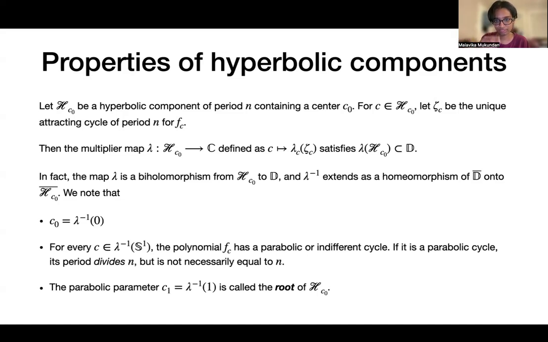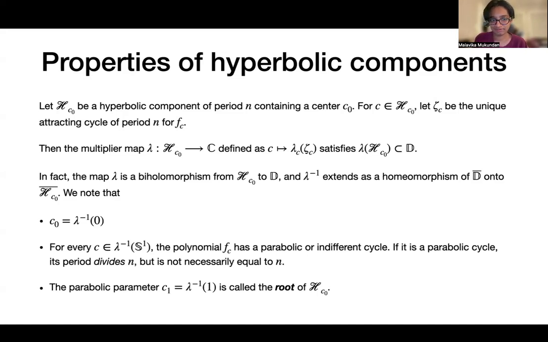So you have a canonical multiplier map from this hyperbolic component to the complex plane. It's just defined as: take c, take f sub c, take the cycle zeta sub c, look at its multiplier lambda sub c. Because all these cycles are attracting, by definition of the multiplier, lambda maps this component into the unit disk.